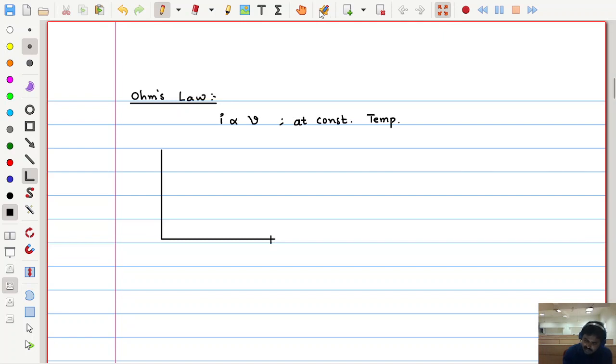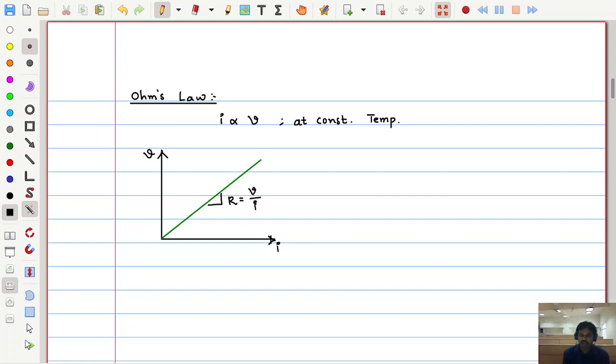If this is the current axis and this is the voltage axis, then the characteristics look like a straight line, where the slope, the y-axis parameter V divided by the x-axis parameter I, is equal to the resistance.